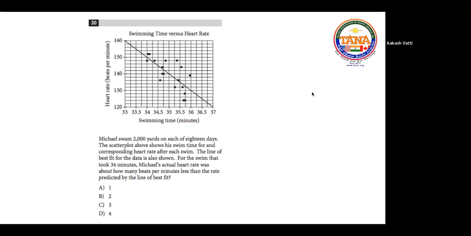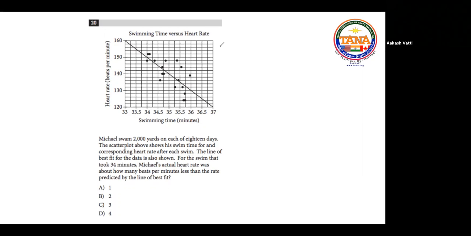Looks like most of the people who've answered it have got it right. So for the people who haven't answered it yet, I will do it right now. In the scatter plot, each individual point represents a recorded heart rate at a given swim time. And the line of best fit provides the predicted heart rate for a set of times.